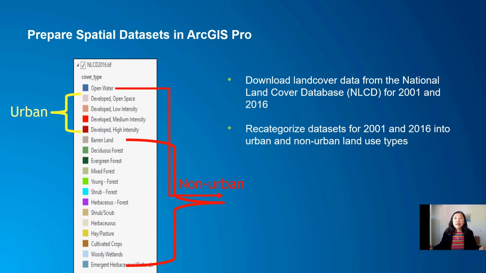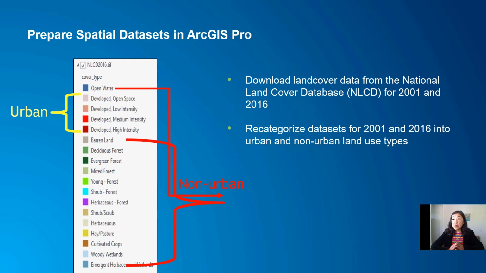The first step is to prepare and process the spatial data sets in ArcGIS Pro. So we downloaded the NLCD land cover raster data for our study area for 2001 and 2016. As you may recall, the original raster data provides 16 land cover classes.